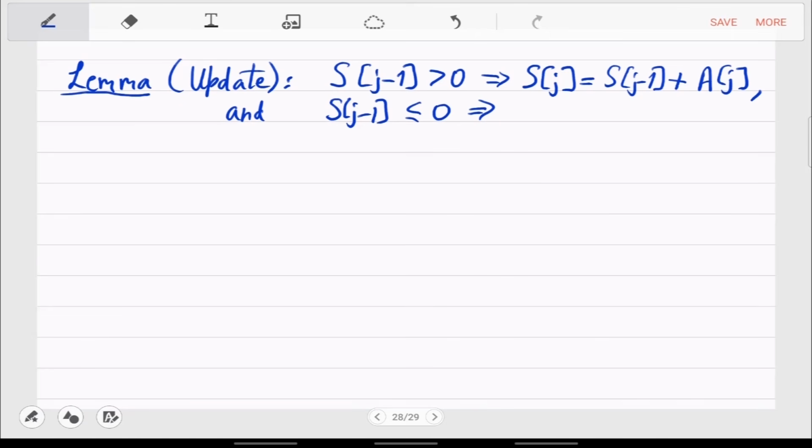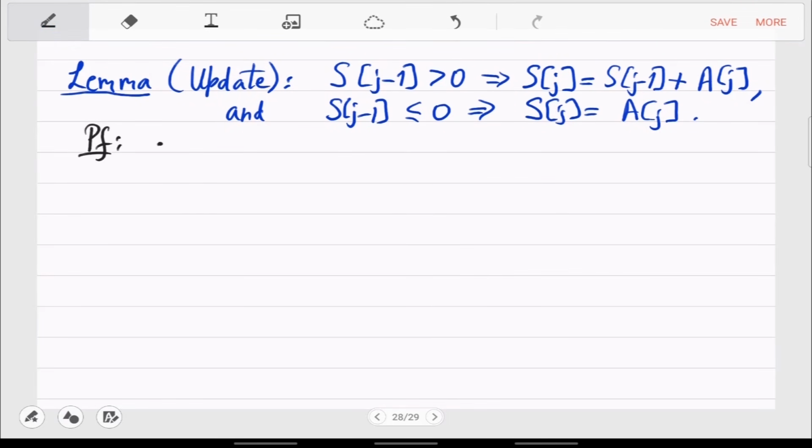So then you stay with this element alone, the new element Aj. Okay, is that clear? And as you can see, this is a very simple update. It's constant time as we wanted.